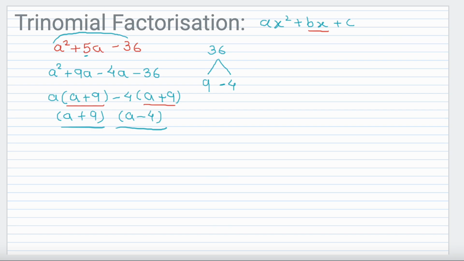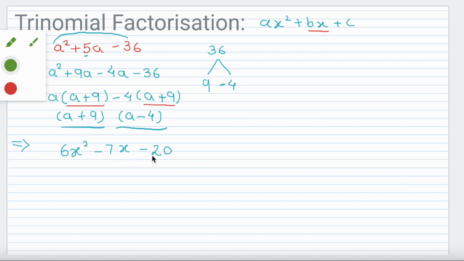Then the next example. Next example we can take another example: 6x square minus 7x minus 20. So what can you do?